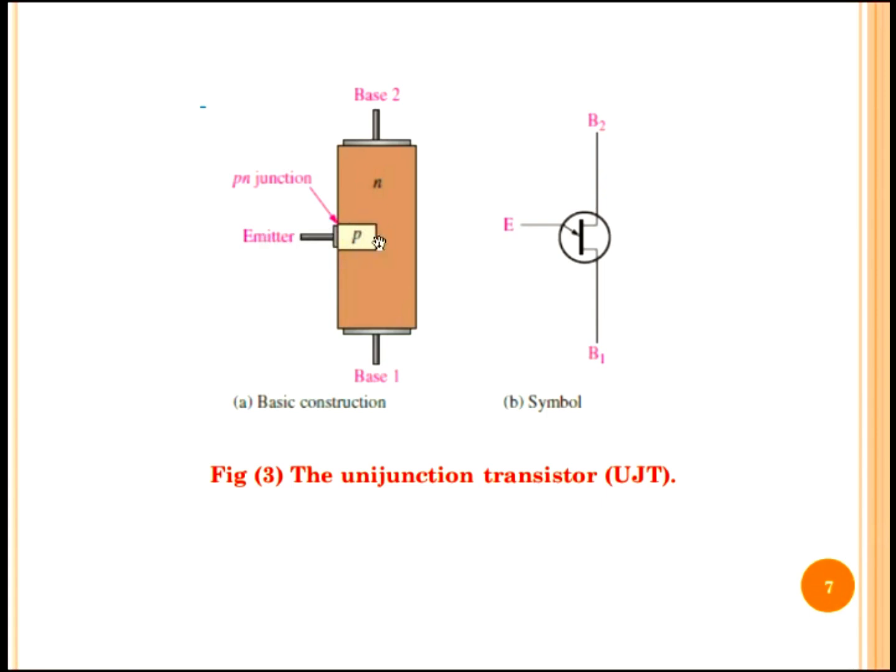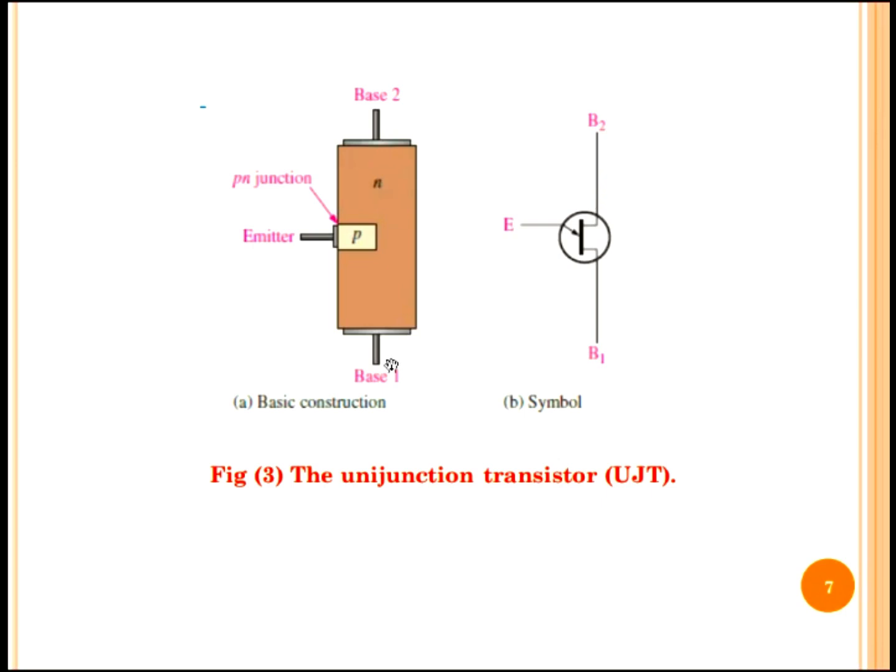We just dope it with the P-type material inside. Basically, we take the intrinsic semiconductor first, dope it with the N-type material, and some portions we dope with P-type materials or P-type impurities. In the region where we want the N-type material, we dope it with the N-type impurity. That's basically how these devices are constructed.